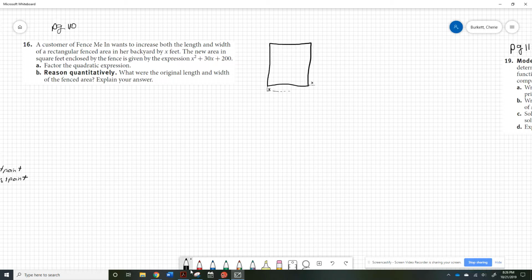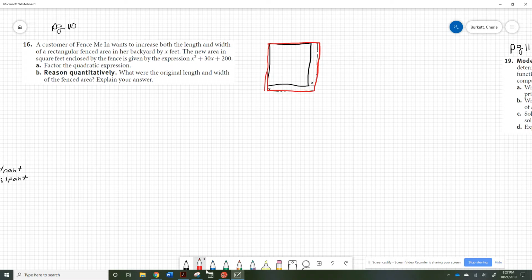So my new fence is going to be the size of the red thing. So the length right here is the old length plus X. And the width right here is the old width plus X.